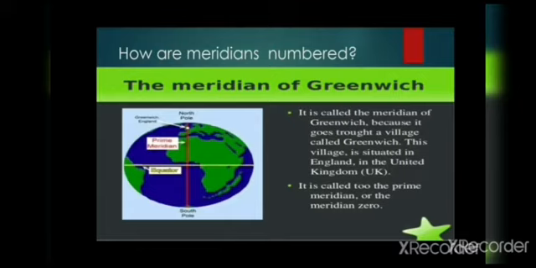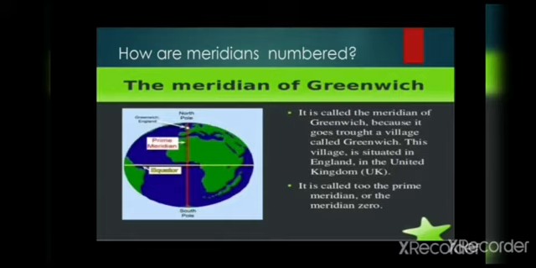Similarly, we need a starting point to number the meridians. In 1884, it was decided to fix Greenwich, a place near London, as the starting point for numbering meridians. The meridian that passes through Greenwich was marked 0 degree and named the prime meridian.